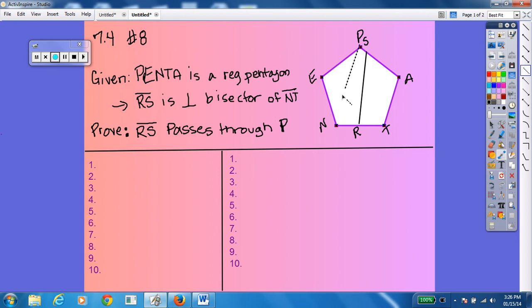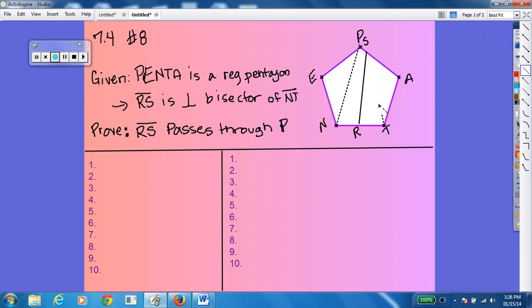I'm going to use PN and PT, and we'll use the problem that we did in number 5. We'll prove that this is an isosceles triangle. And then what we'll find out is that if this is the perpendicular bisector of an isosceles triangle, then I can slide RS to be RP, because P will be equidistant from N and T if this is the perpendicular bisector.